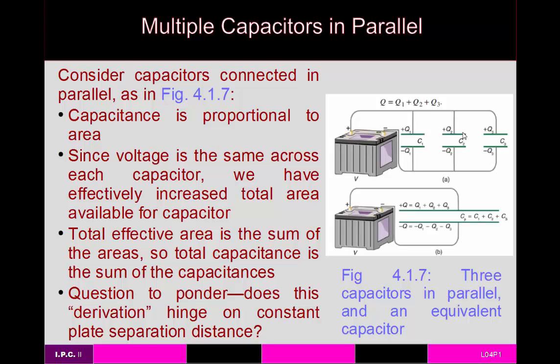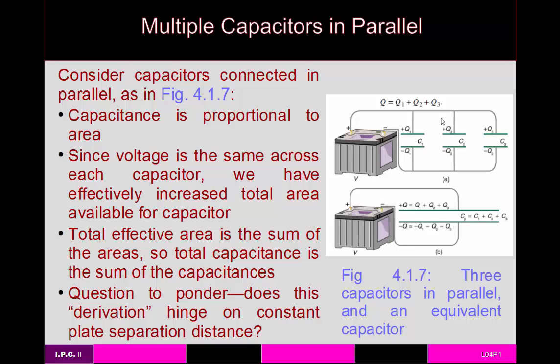So that basically means that the area of the equivalent capacitance in parallel is equal to area 1 plus area 2 plus area 3. Another way of looking at it is that the larger the area is, the more charge you can store on it for the same amount of voltage drop.